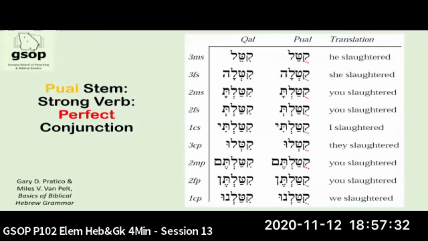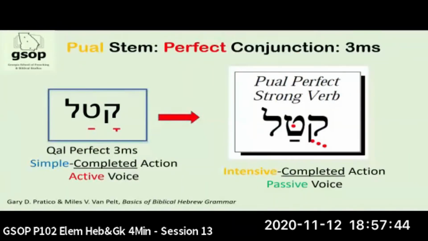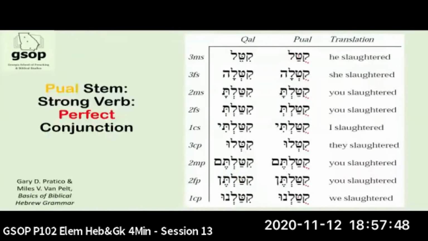That reads active voice and passive, so I'm a little confused with this graph. I didn't notice that before. Pual strong, perfect. Okay, it's perfect. Let me see if I'm reading something right here. I should be in the passive voice for the Pual, but all those translations read active: he slaughtered, she slaughtered, you slaughtered, I slaughtered, just like we saw before.